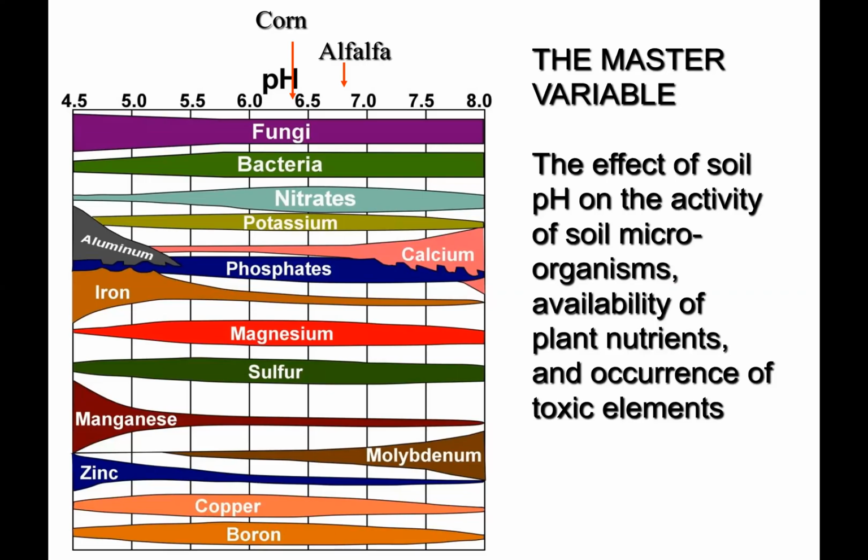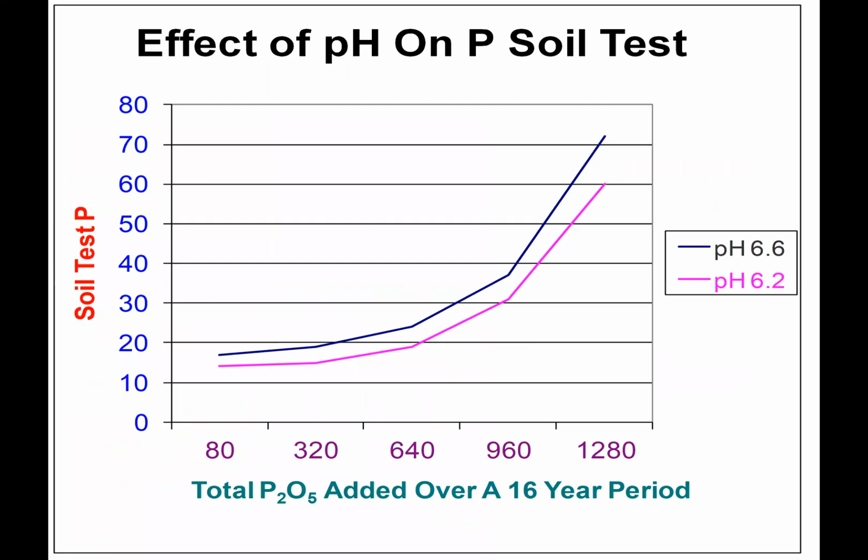This was a slide that I got from Lloyd Murdoch about 11, 12 years ago when I started in this position. I continue to use it because it really shows a neat relationship between soil pH and phosphorus availability. What they did every year for a 16-year period, they added 80 pounds of P2O5.